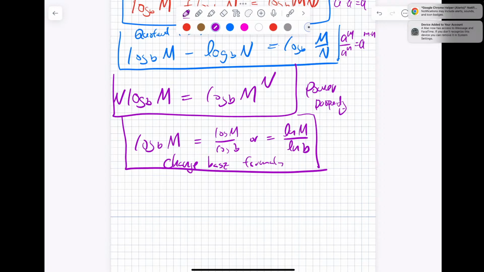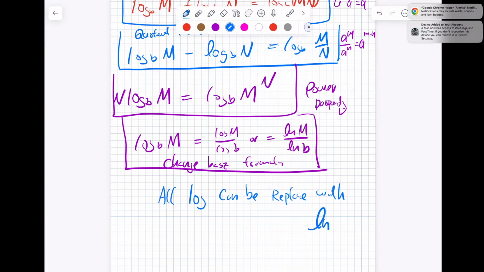Now, one last thing I want to put emphasis on. All the logs can be replaced with natural log. Do you guys remember natural log? What's natural log?